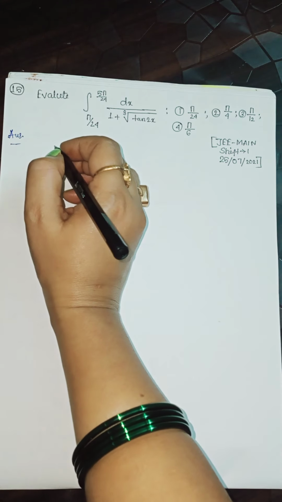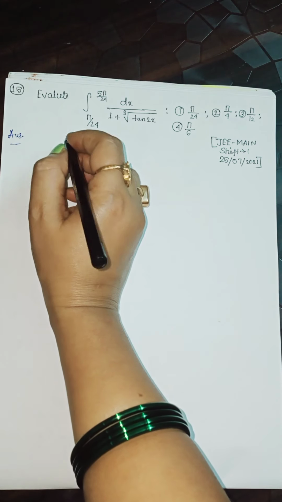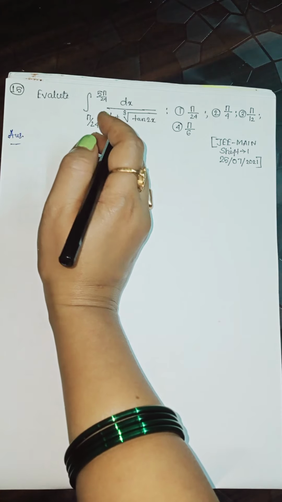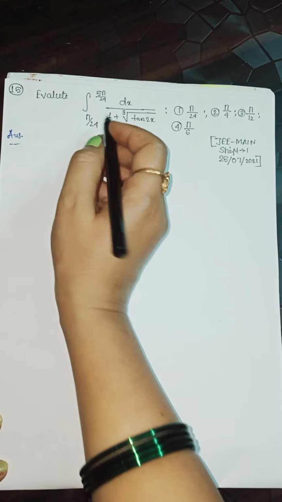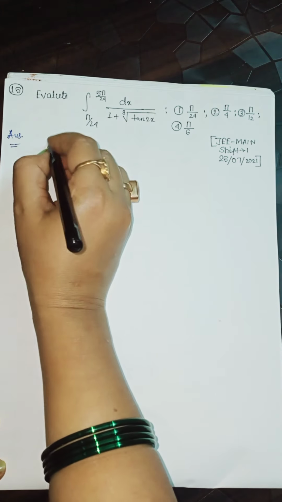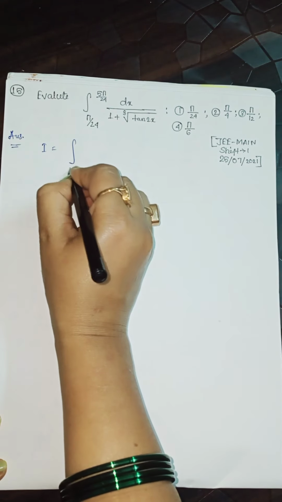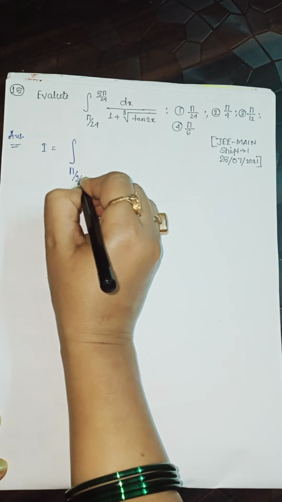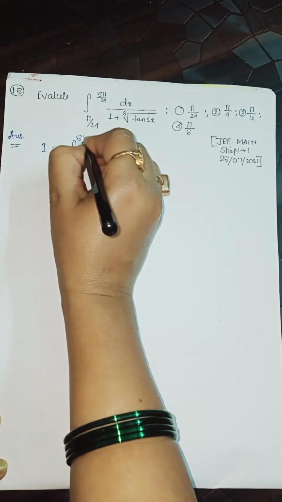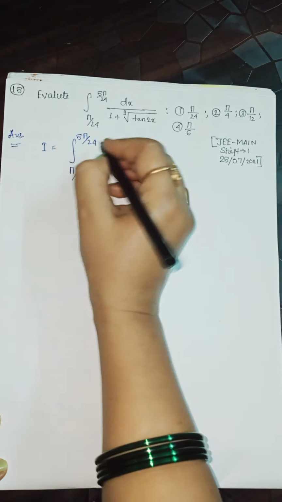So at first this is our required integration. Now I is equal to the integral from pi by 24 to 5 pi by 24.